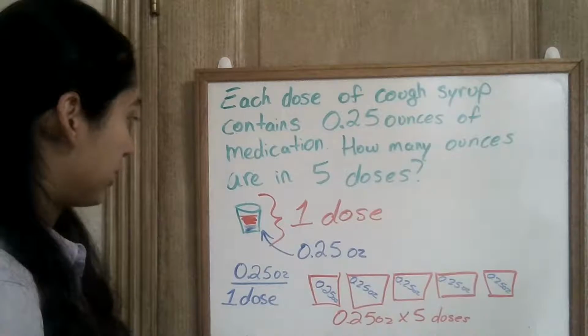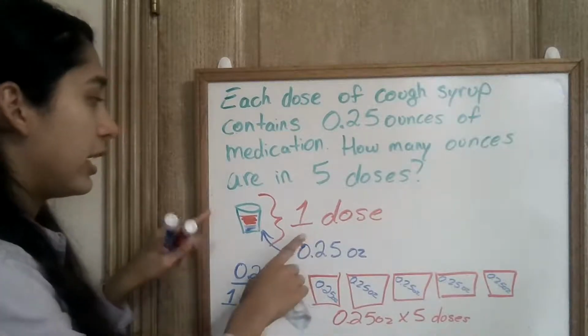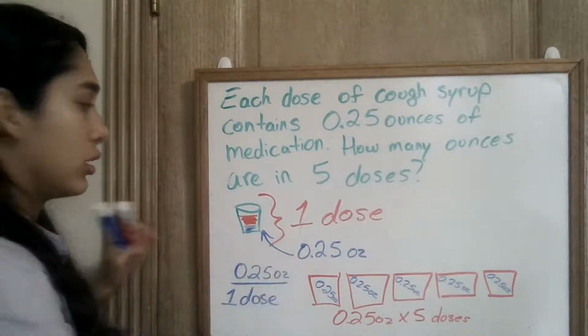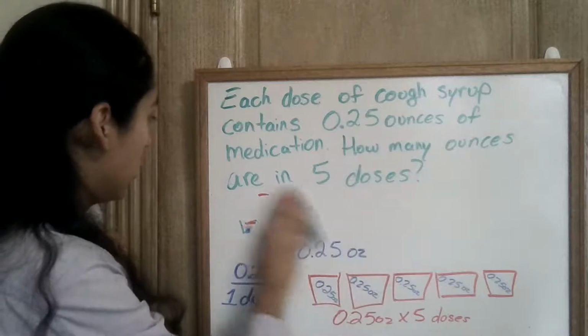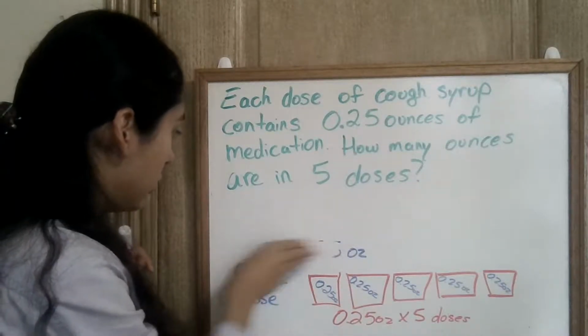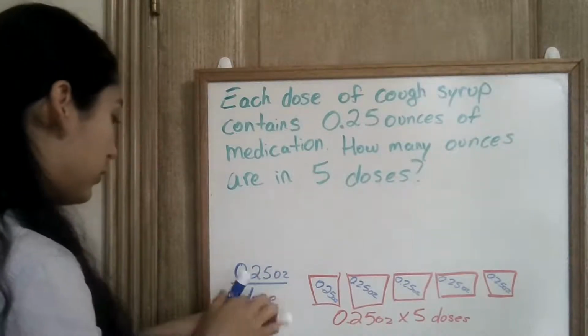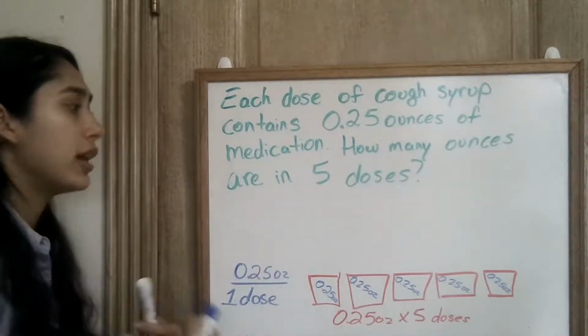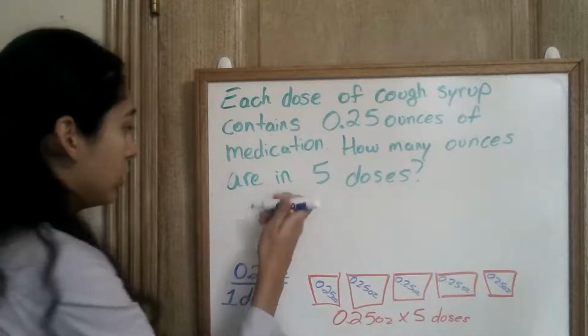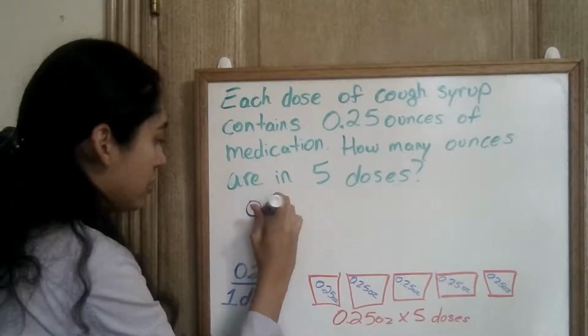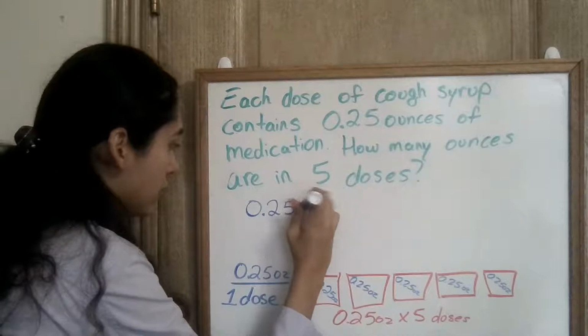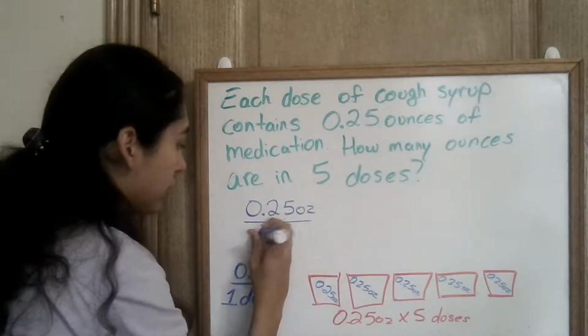So, I gotta make some space. I'm gonna go ahead and erase this drawing. Okay, so we're basically multiplying by 5 doses over 1 dose.